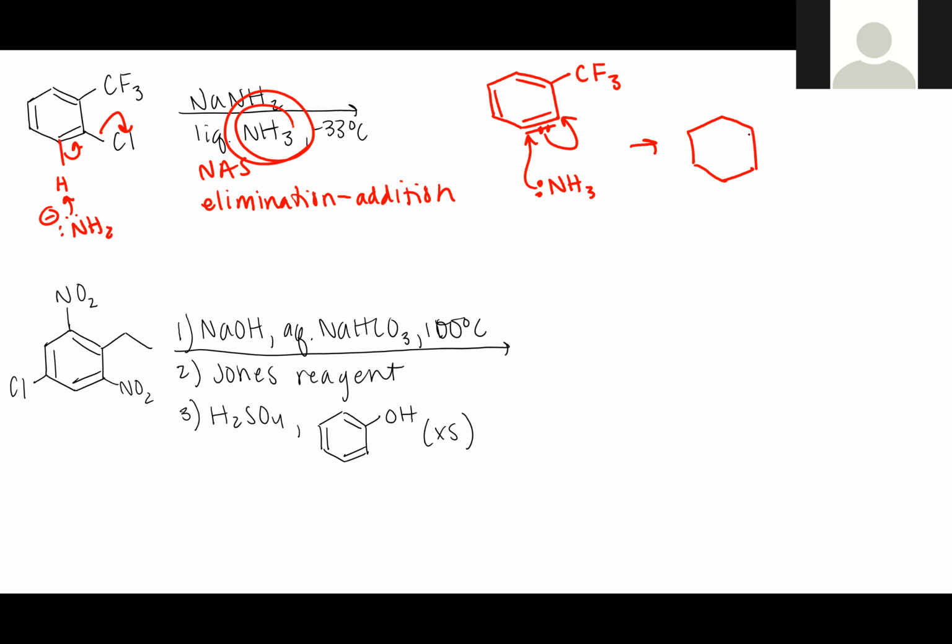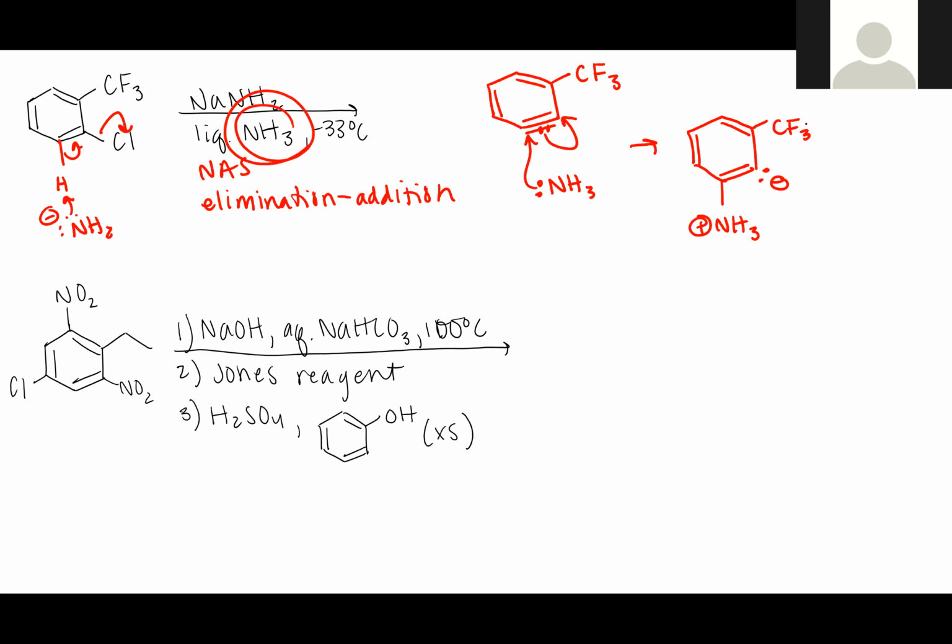Is it because of the steric hindrance, or is it just more stable that way? It's the stability of the anion that's being taken into consideration here. Does it always attach in the meta position? In this type of situation, yes, that's a safe bet. When you're doing the elimination addition, the meta product is going to be the major product.